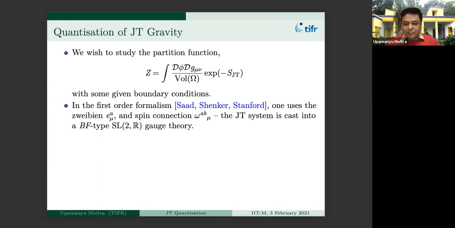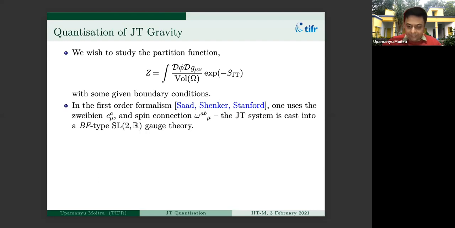The JT system is cast into a BF type SL(2,R) gauge theory, and they use the elegant mathematics of topological gauge theory and many elegant tools that have been developed in mathematics to study this path integral.